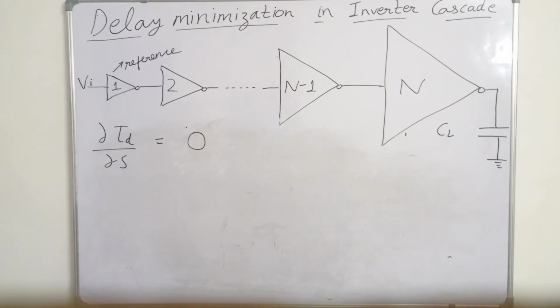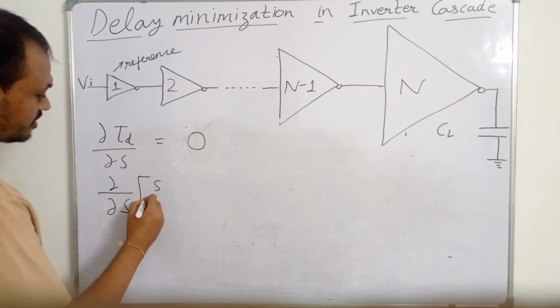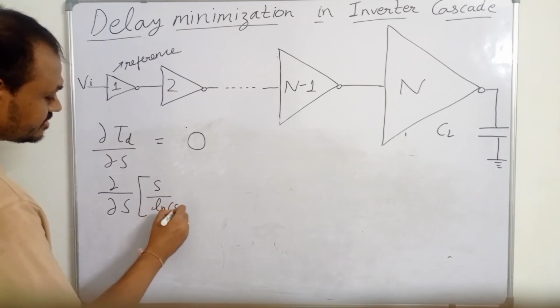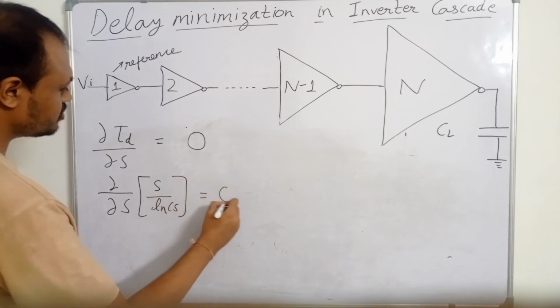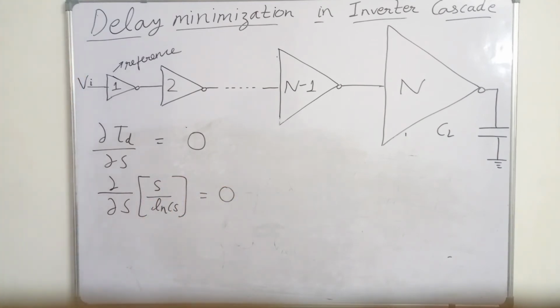So the partial derivative with respect to S of S upon ln of S equals 0.